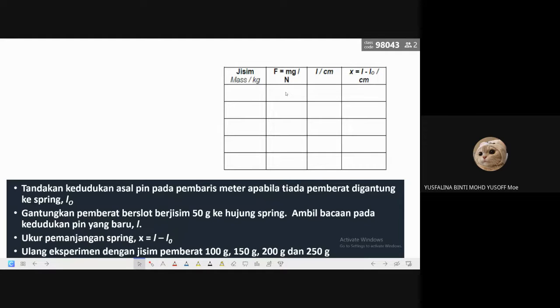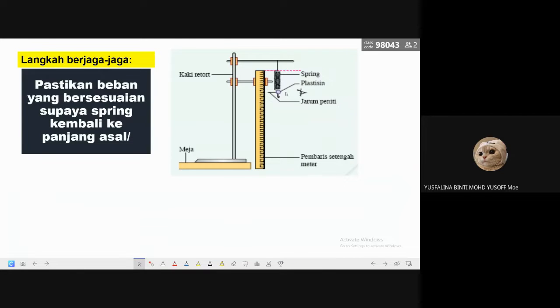We do this experiment in school, so I will skip this part. And this is the precaution. Remember I said there's only one precaution that you can use for any experiment: make sure your eyes are perpendicular to the scale reading.